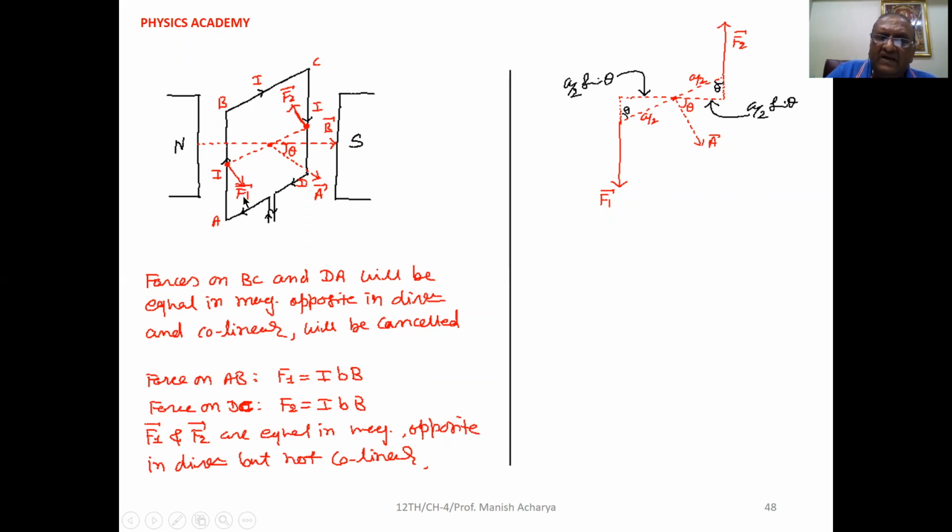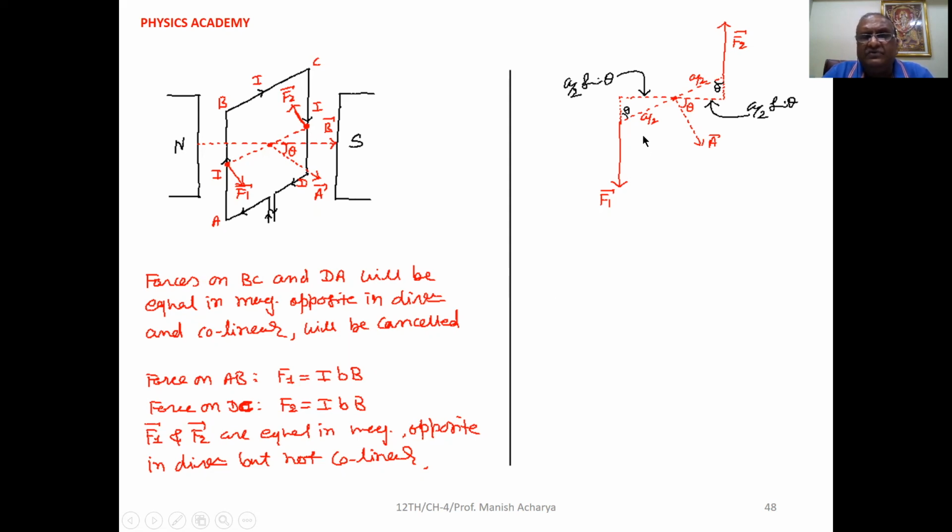No doubt magnitude wise this force F1 and F2 both are the same, but the directions of these forces are mutually opposite, and these two forces are not collinear. These two forces are separated by some distance. There is a separation between these two. Now when these two forces are not collinear, it will produce torque.